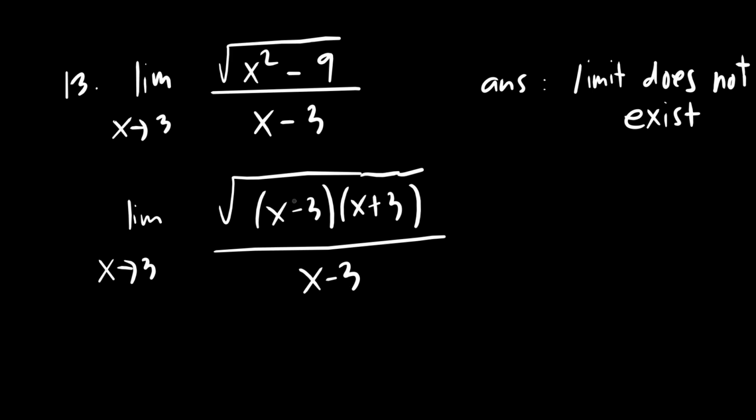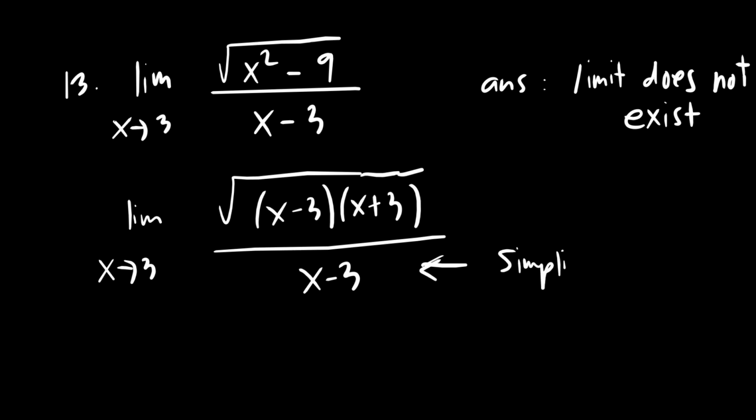Notice that the x minus 3 in the numerator is inside the square root, and the x minus 3 in the denominator is just a pure x minus 3. It does not contain a square root, so we're not able to simplify further because the denominator is already in its simplified form.